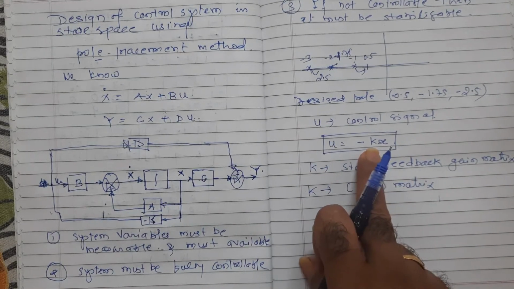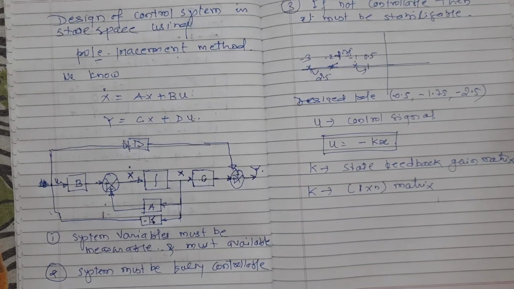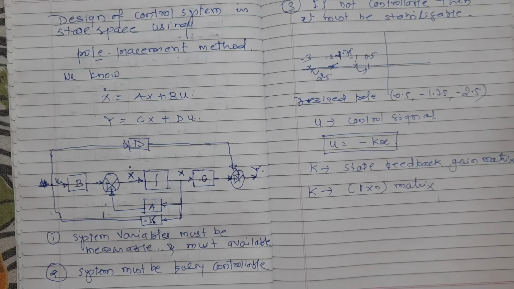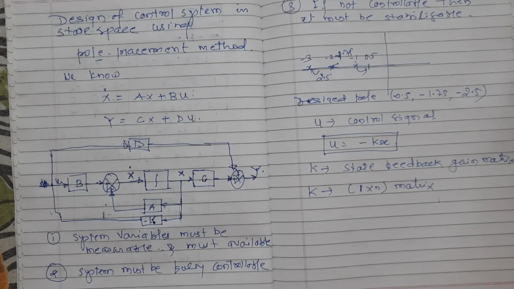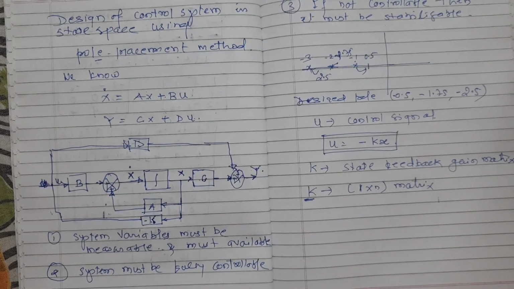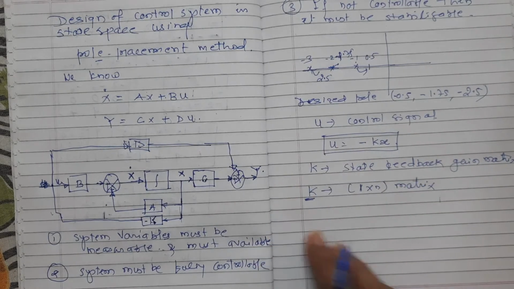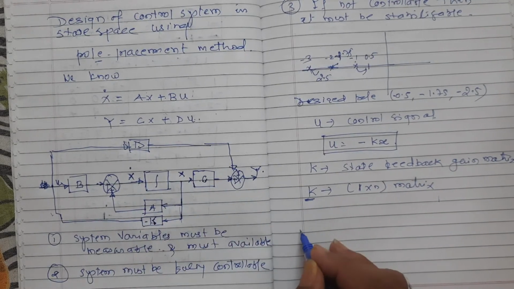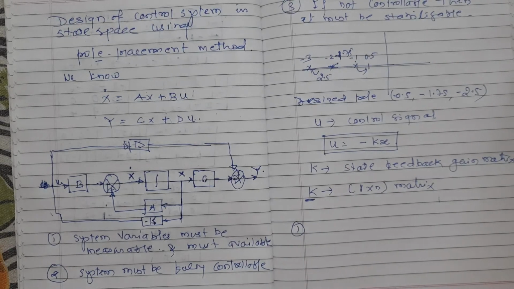So we have to find out the value of k. There are three different methods. We will see them one by one.